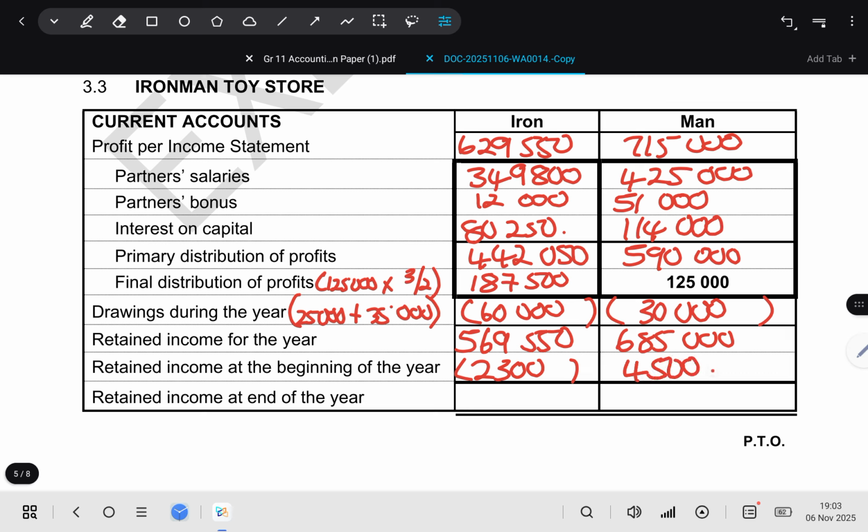Now let's see. 569,550 minus 2,300 gives us 567,250. And then when we are saying 685,000 plus 4,500, it gives us 689,500.